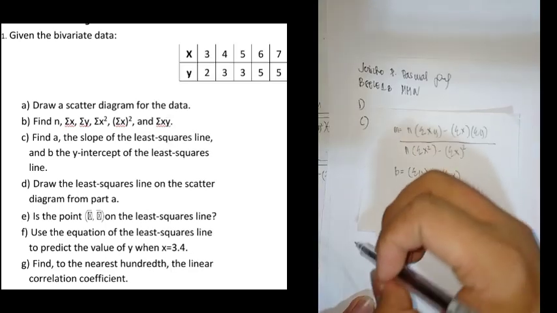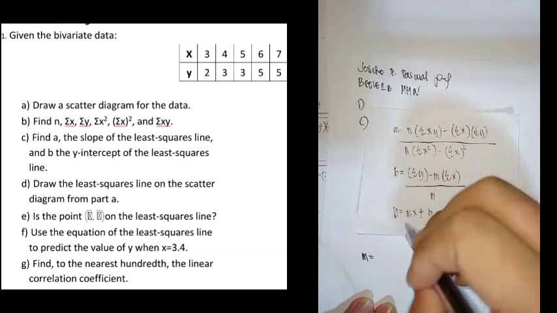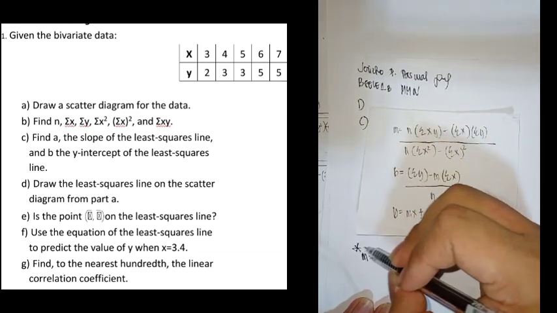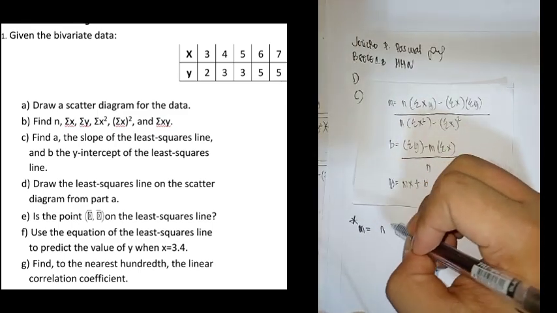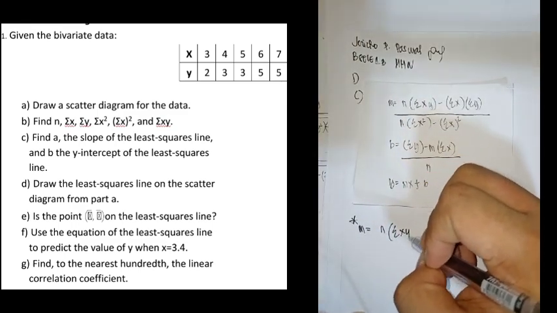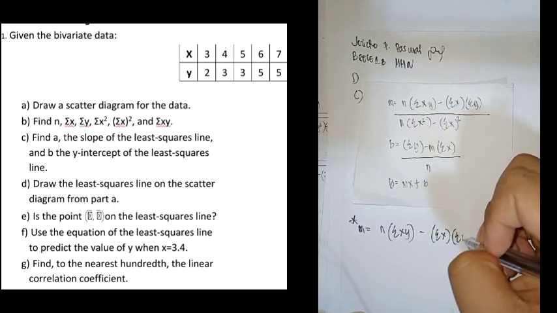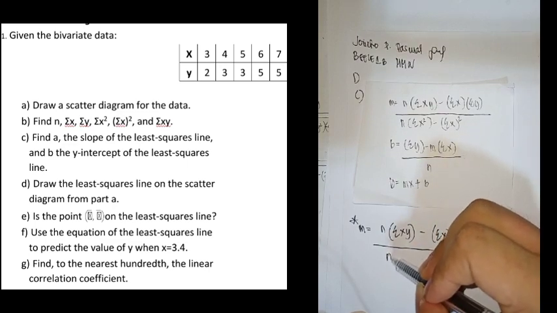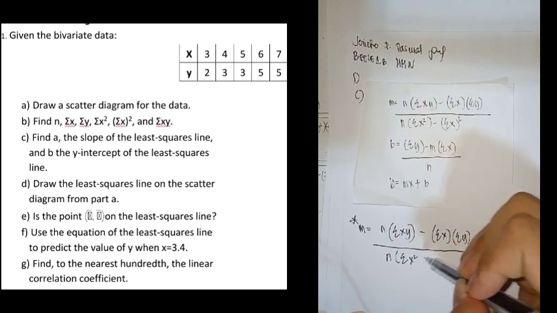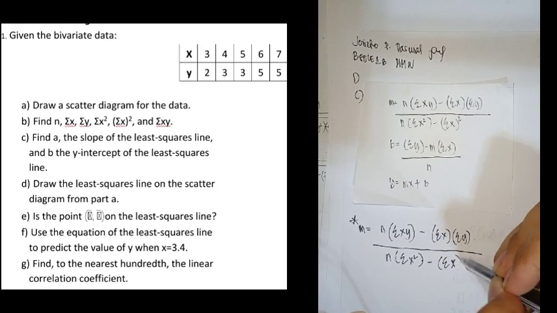First is m, equal to n summation of xy minus summation of x times summation of y, over n summation of x squared minus the square of summation of x.